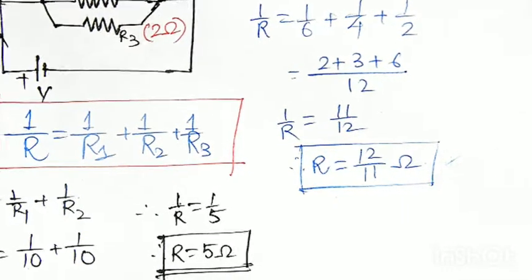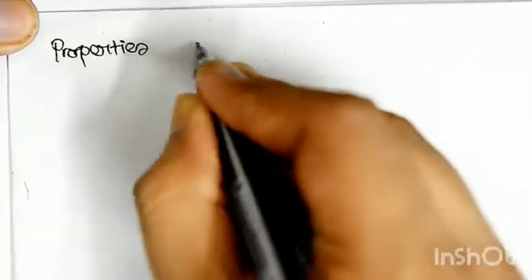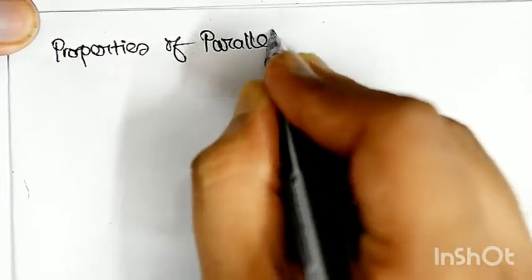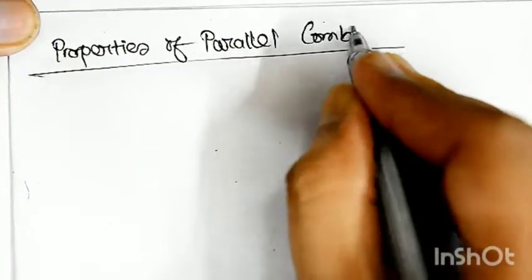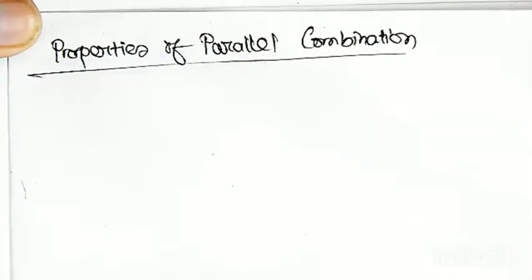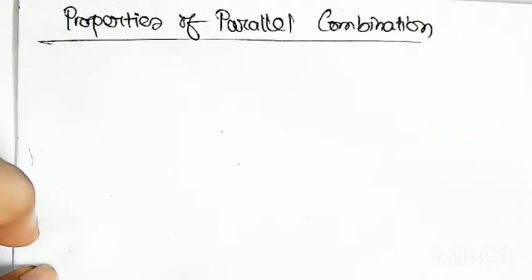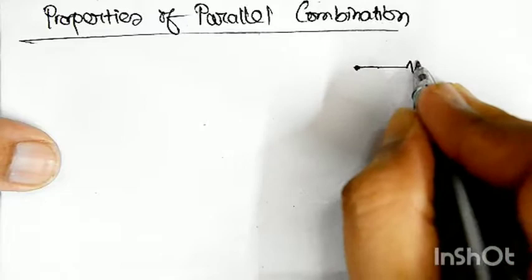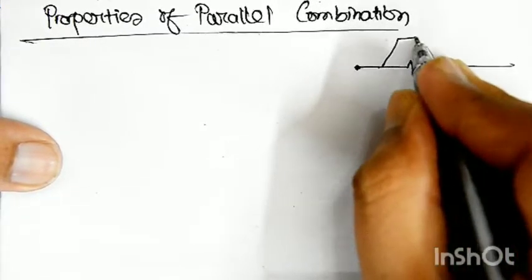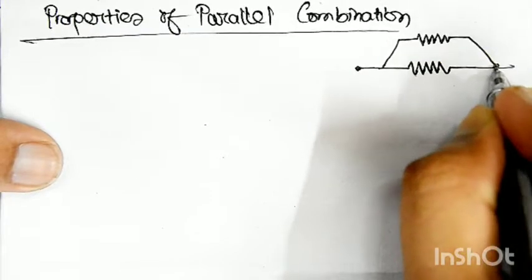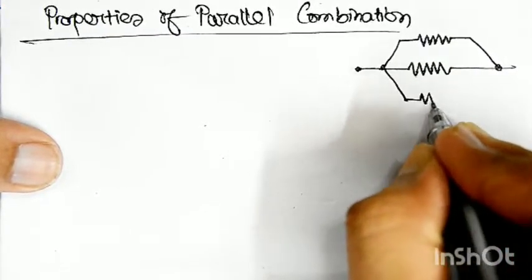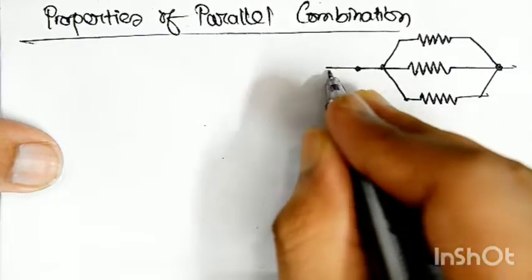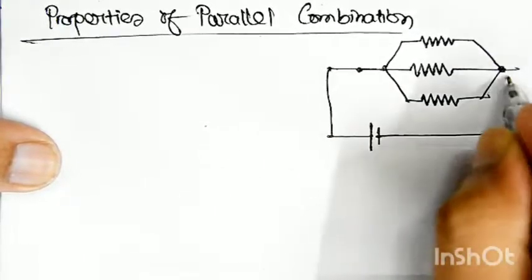Now let's discuss some properties of parallel combinations. Few properties of parallel combinations are like this: when you are connecting a circuit in parallel combination, this is a circuit diagram I have drawn.